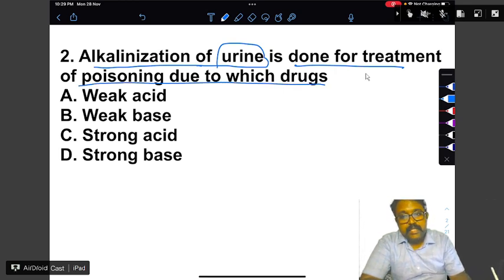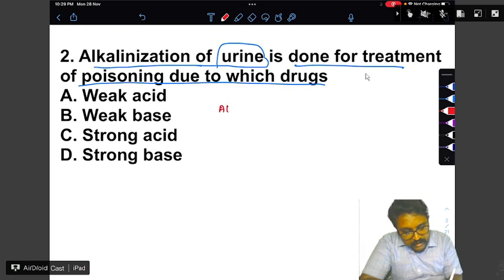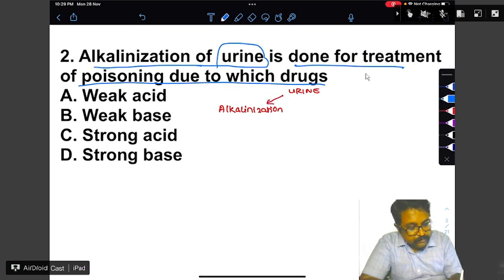So as a concept we should remember that urine alkalinization and acidification are both used.